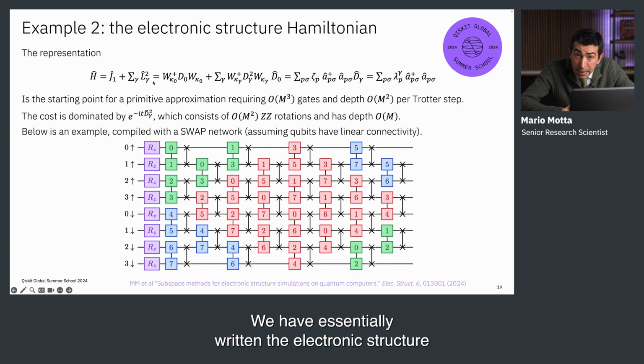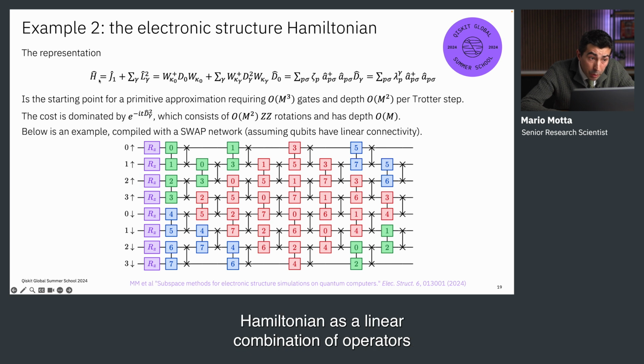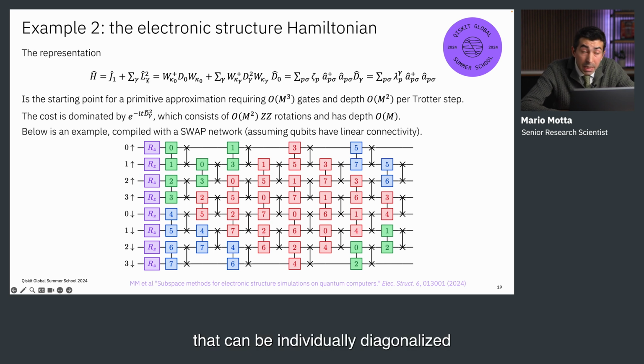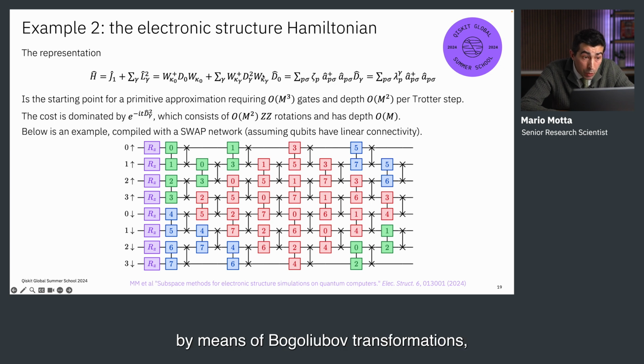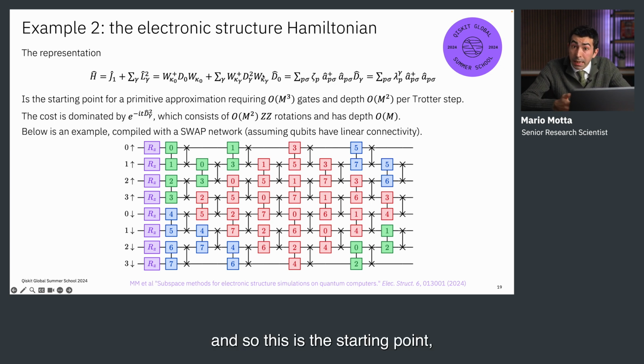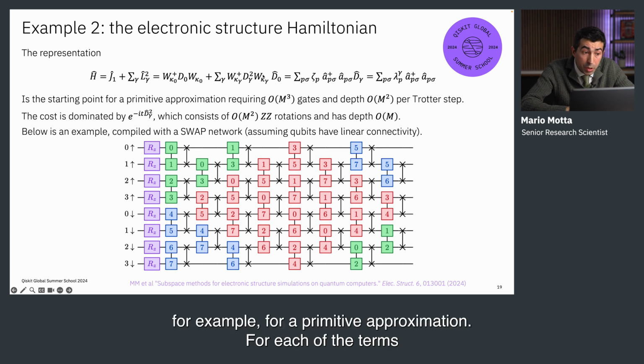We have essentially written the electronic structure Hamiltonian as a linear combination of operators that can be individually diagonalized by means of Bogoliubov transformations. And so this is the starting point, for example, for a primitive approximation.